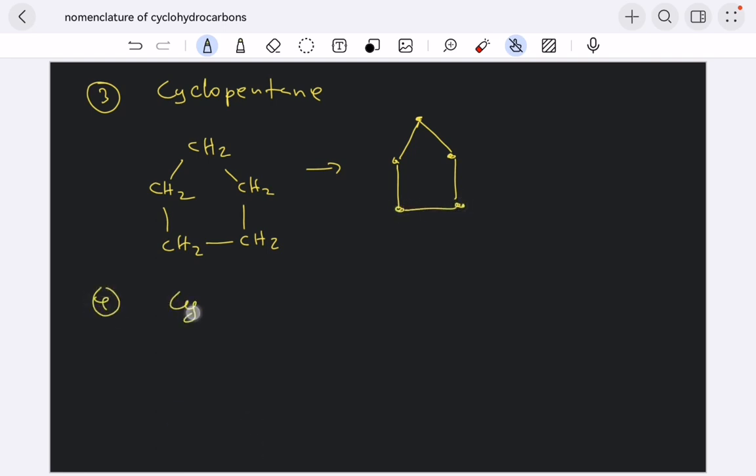We can have cyclohexane, meaning 6. So CH2, CH2 here, CH2 here, CH2 there, CH2 there, and CH2. So it forms something like that.